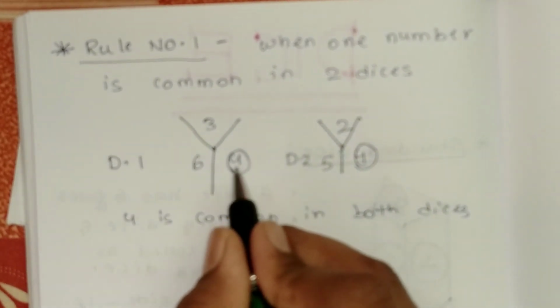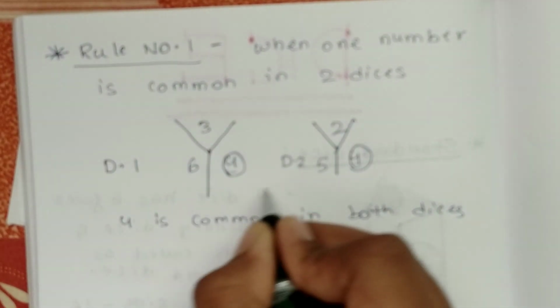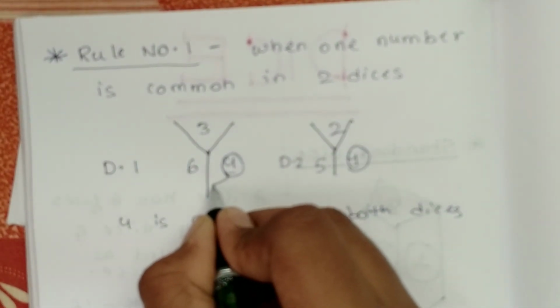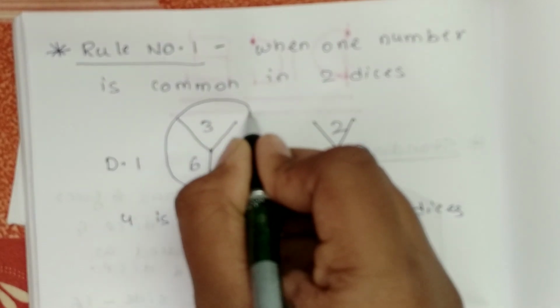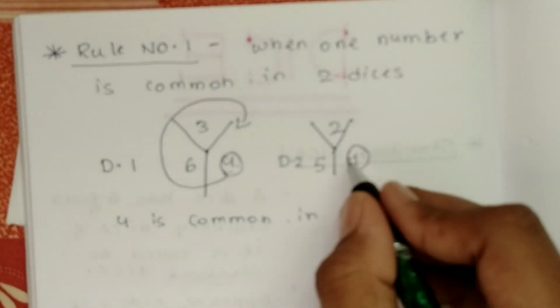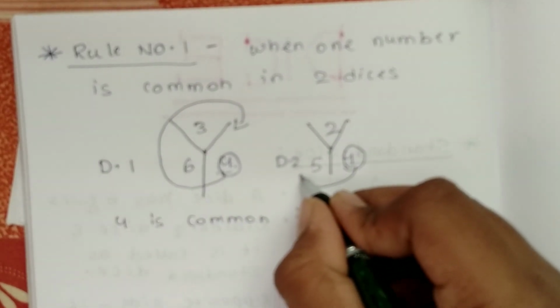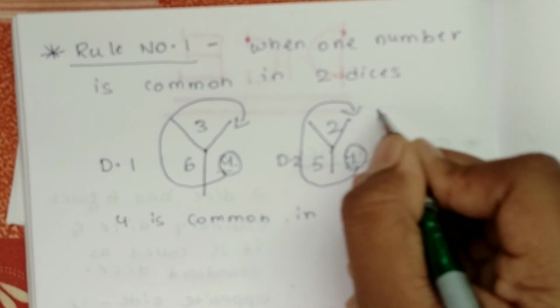Now in this question I will take the clockwise direction. As you know, this is the clockwise direction and this is the anti-clockwise direction. When I go in the clockwise direction here, here also I should take clockwise. So 4, 5 and 2 will come in this clockwise direction.